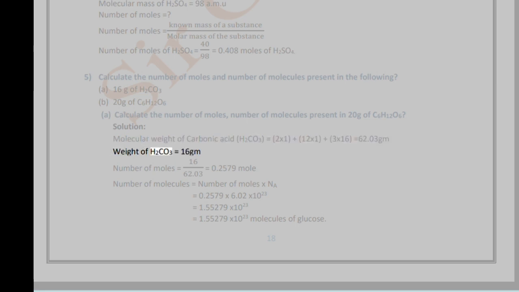Weight of H2CO3 equals 16 gm. Number of moles equals 16 divided by 62.03 equals 0.2579 mole. Number of molecules equals number of moles × NA equals 0.2579 × 6.02 × 10^23 equals 1.55279 × 10^23 molecules of H2CO3.